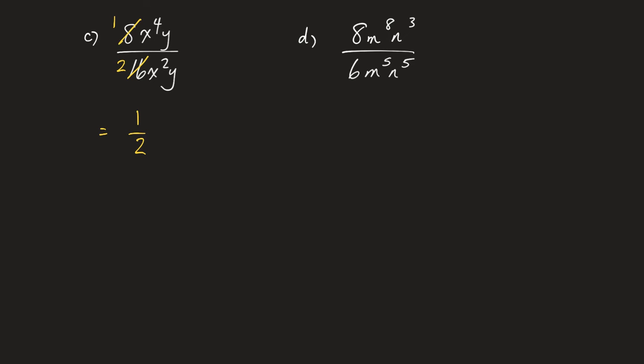Now my second step is to start dealing with my variables. So we should be okay to jump into both variable parts of those terms at the same time. Okay, take a look at your fraction. Which side of your fraction line has more x's? The top. By how many? 2. So we should have an x squared.